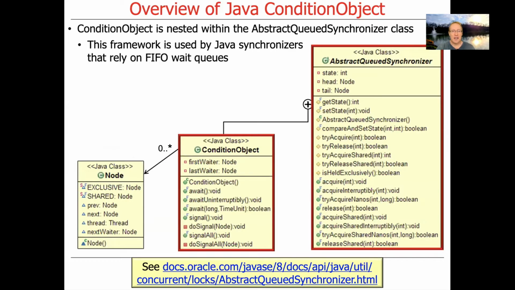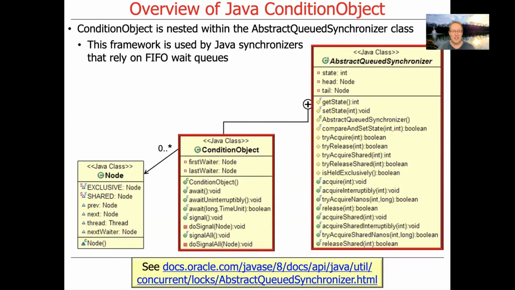A ConditionObject is actually nested within the AbstractQueuedSynchronizer class. If you recall, the AbstractQueuedSynchronizer is the framework used by Java synchronizers that need various kinds of FIFO wait queues to have threads park themselves, waiting to be notified to wake up and do something.